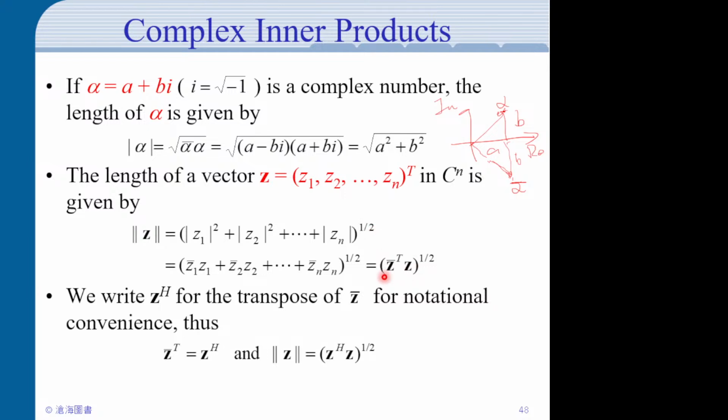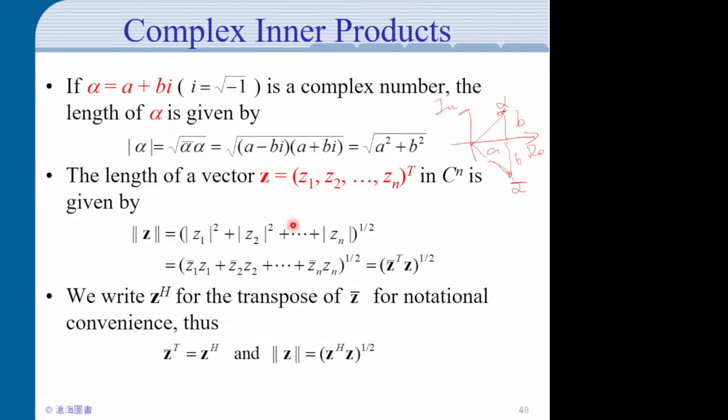And so we still want this property. So we take all the coefficients, absolute value squared, and add them together, taking the square root. That seems like a good generalization of the norm of a real vector. But now a weird thing happens.